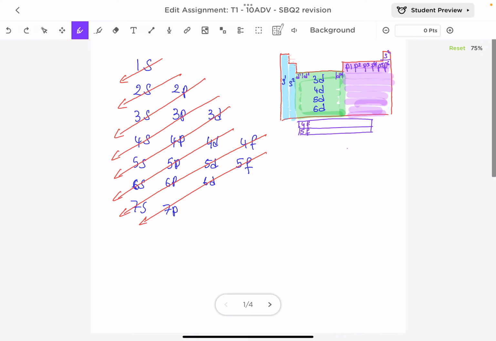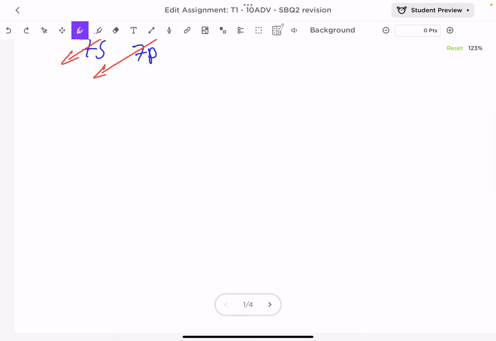Now, part of your quiz is going to be about the electron configuration rules, following the 3 rules in order to distribute the electrons. I'm going to mention these rules briefly.